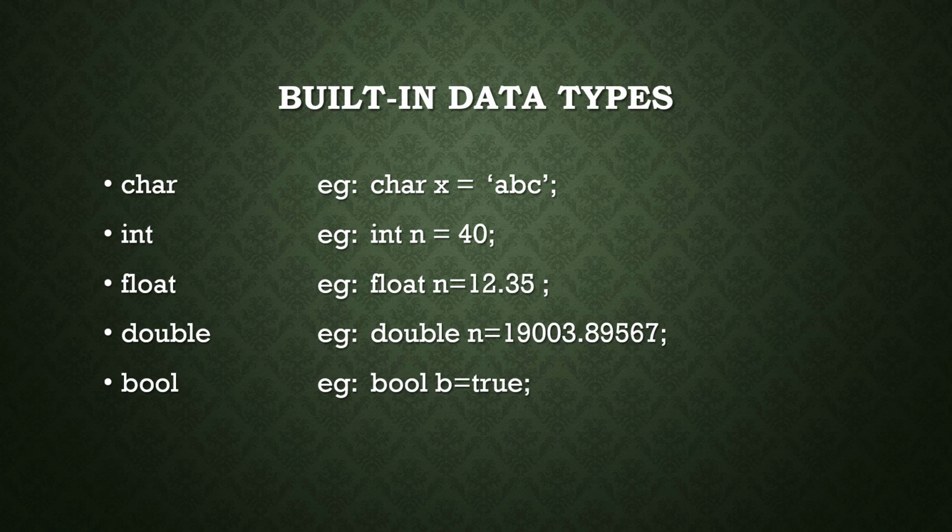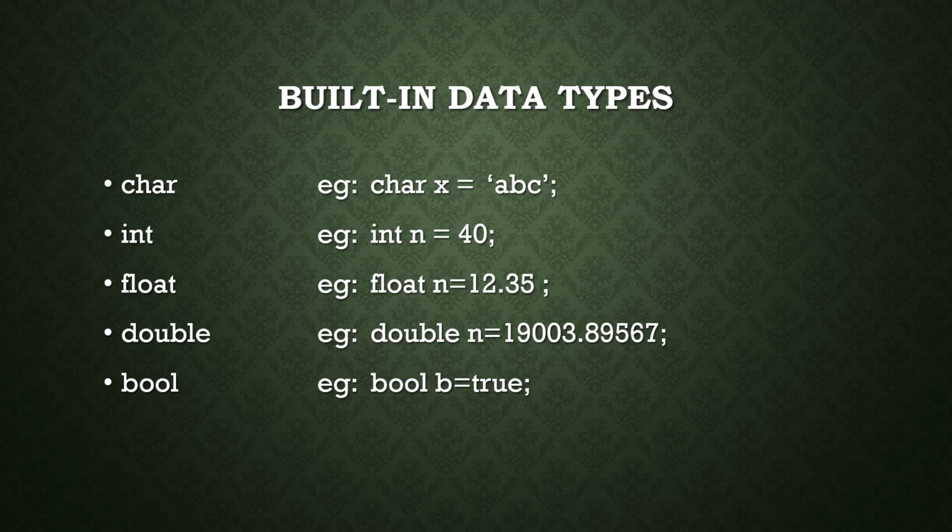Next one is your int. Int data type is used for storing integer values. Integer values means the numbers without decimal points. For example, int n is equal to 40. So 40 is my integer value. There is no decimal point.